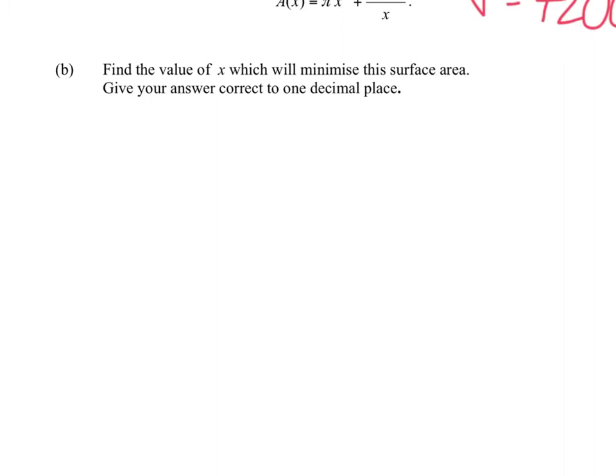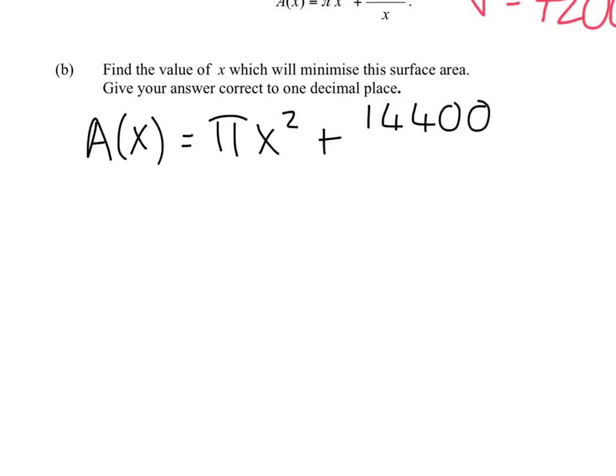So writing down our formula, it's A(x) = πx² + 14,400/x. In order to differentiate this, we first must prepare it for differentiation, which means bringing the x onto the top line.